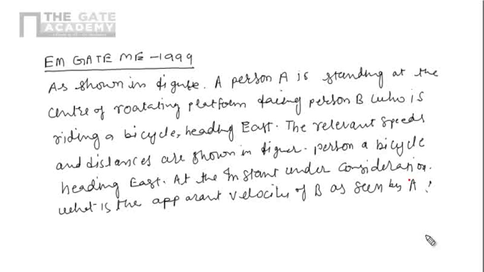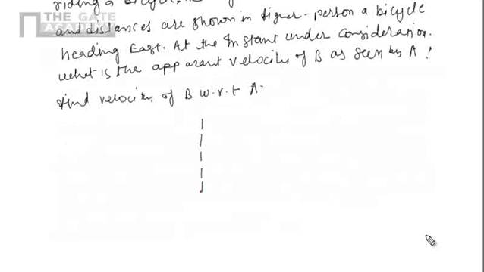That means we are interested in the velocity of B with respect to A. So first I will draw the diagram here. This one is the rotating platform.